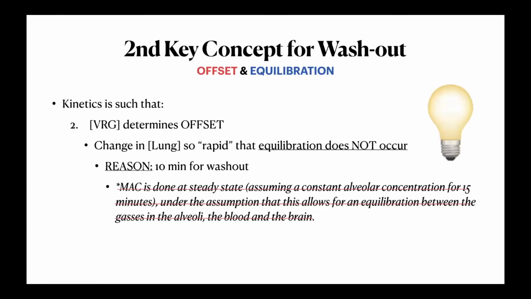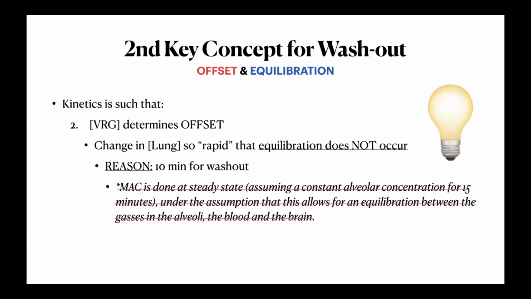Now, the second key concept I want you to take away from this is that it is the concentration in your vessel rich group which determines your offset. And that the change in the concentration in the lung is so rapid that equilibration does not occur.